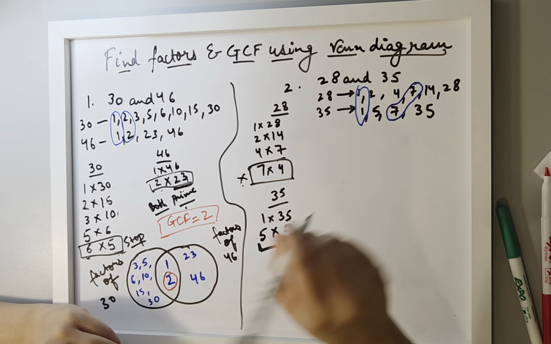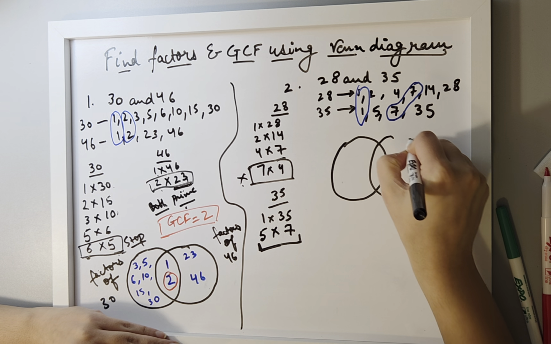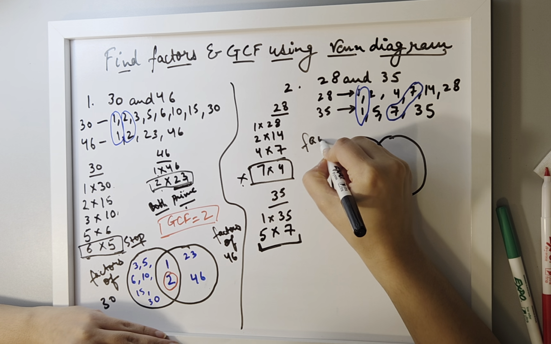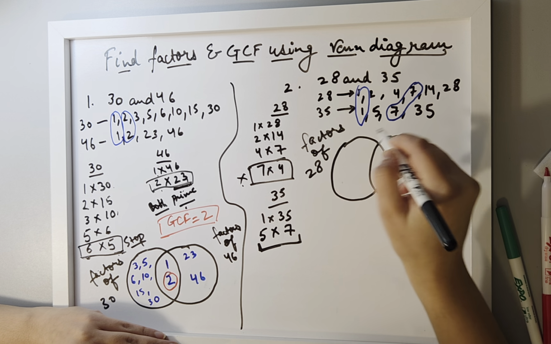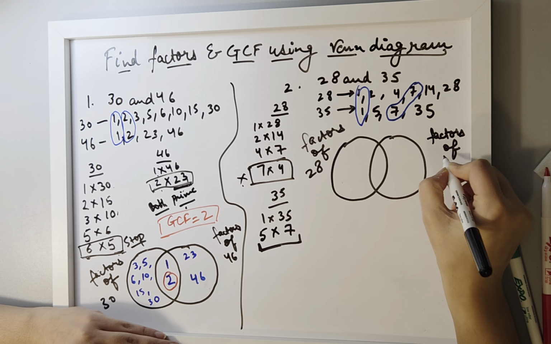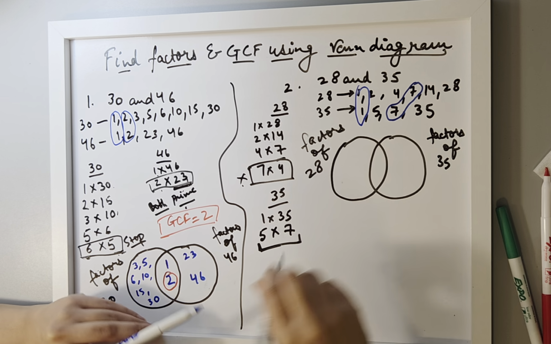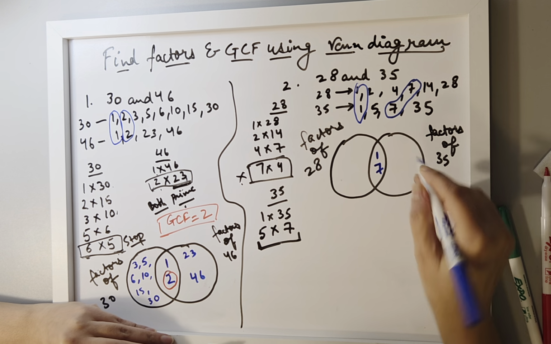So how do we make the Venn diagram? So here it is factors of 28 and here it's factors of 35. Okay, so the common ones are 1 and 7.